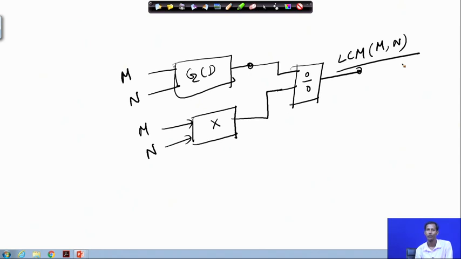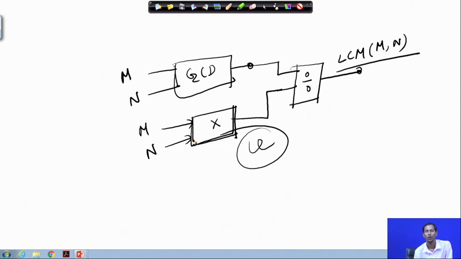Understood? So I have to start with this GCD, then I can find the LCM by using this particular logic.